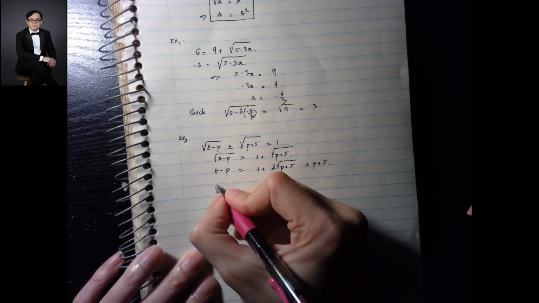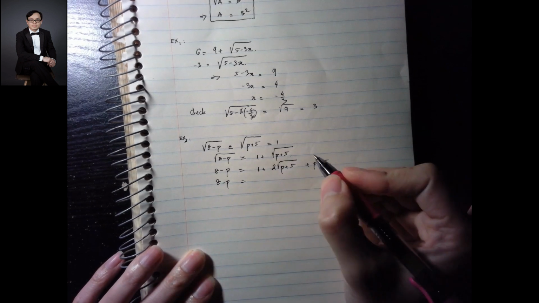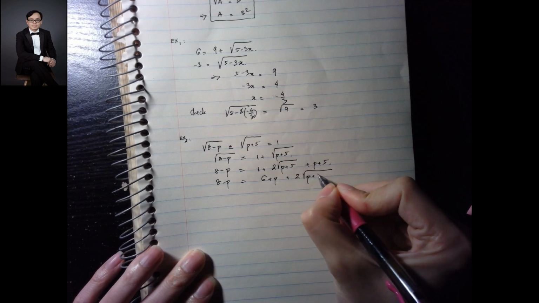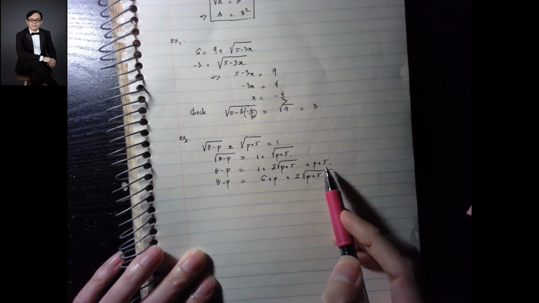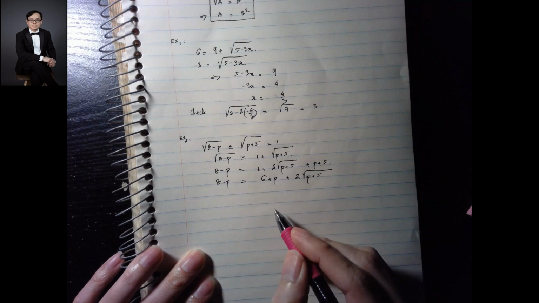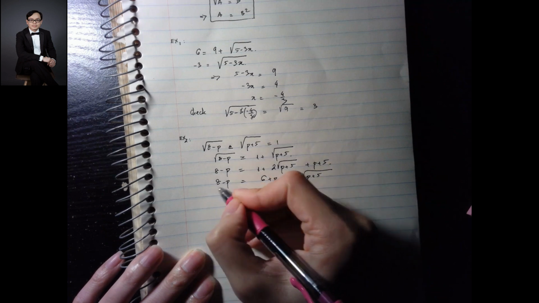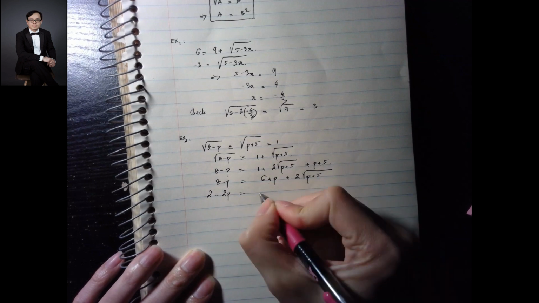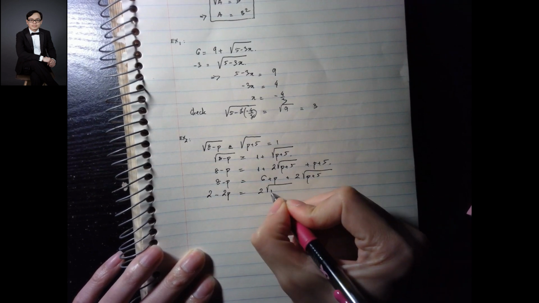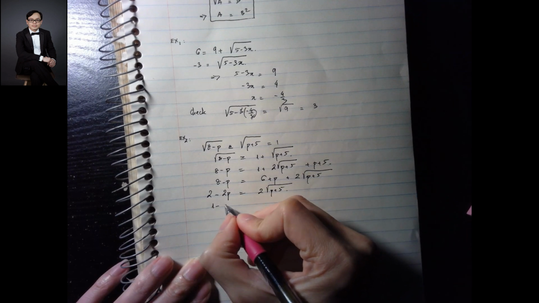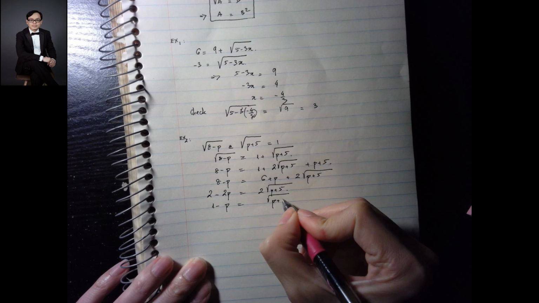Now I combine like terms on the right-hand side, which gives you 6 plus p plus 2 square root of p plus 5, because p I keep, and 5 plus 1 is 6. Then I combine like terms, so I move this over, which gives you negative 2p equals 2 square root of p plus 5, and I divide both sides by 2, which gives you negative p equals the square root of p plus 5.